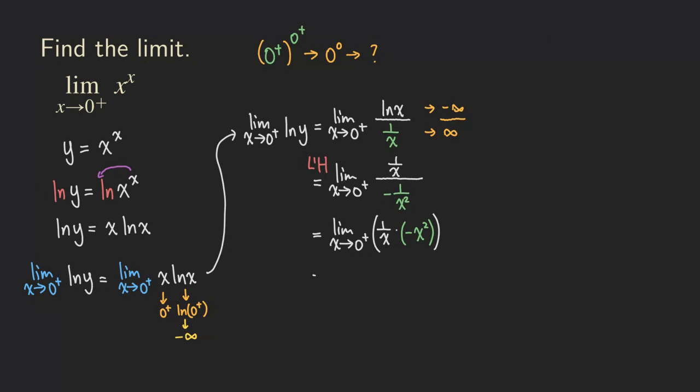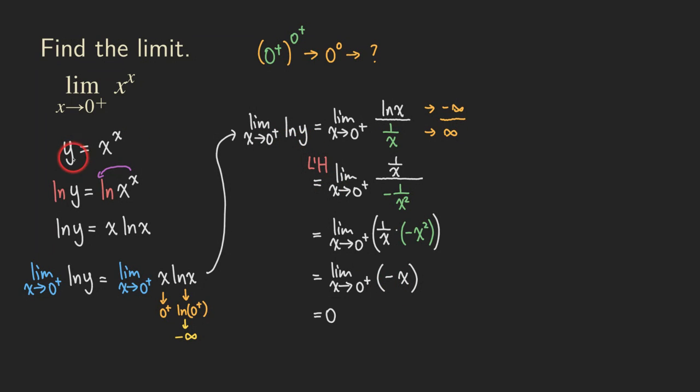Simplifying this expression and cleaning that up, we are going to get negative x. And as x approaches 0, negative x will be approaching 0. So now we have actually obtained the limit of Ln of y.